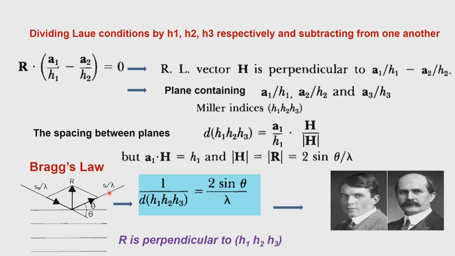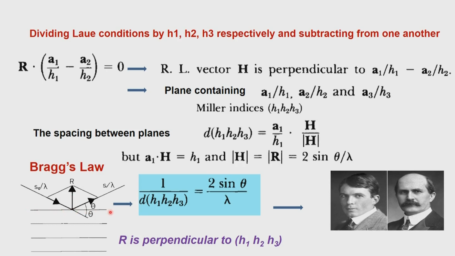The direction of S by lambda is indicated here, and if you look at this very carefully, essentially what we see is that this plane is like a mirror, and we are actually seeing the X-ray pattern because the incoming radiation and the scattered or diffracted radiation are essentially a reflection from the plane.